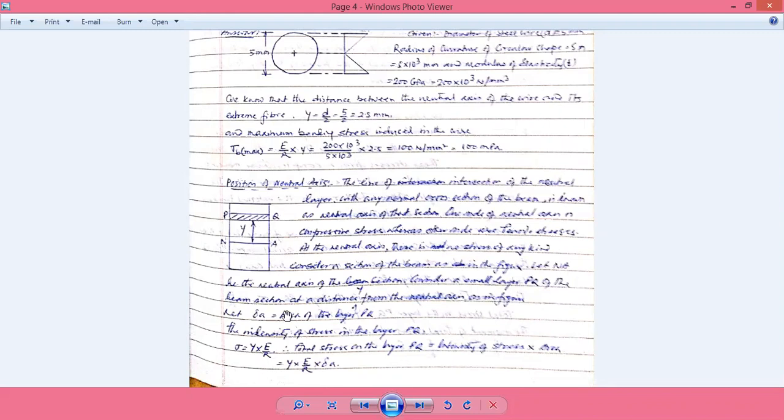Let delta A be the area of the layer, and the intensity of stress in the layer PQ, sigma, is equal to y into E by R. The total force on this layer will be the intensity of stress multiplied by the area, that is y E by R into delta A. So the total force acting over this area is equal to the stress multiplied by the area of that elemental layer.